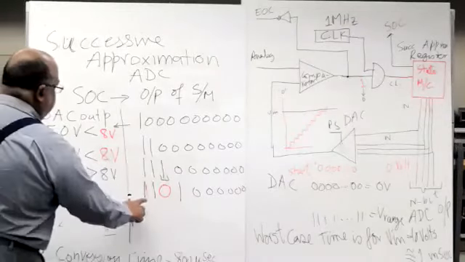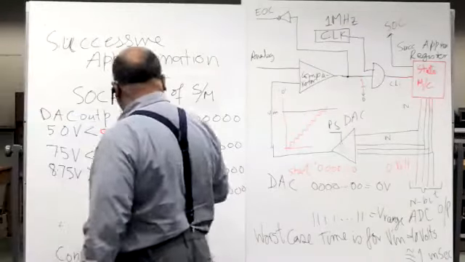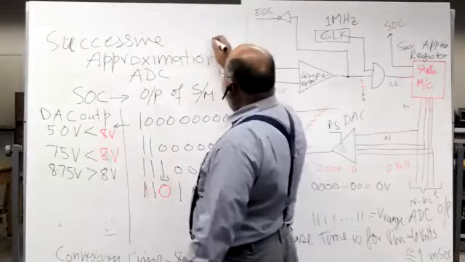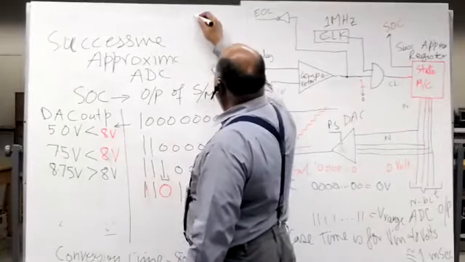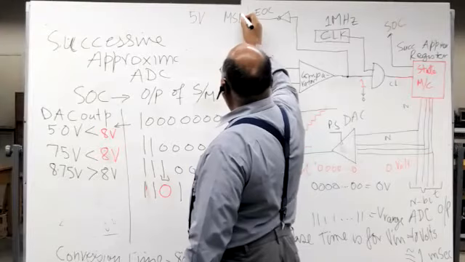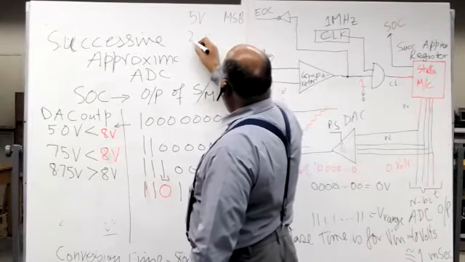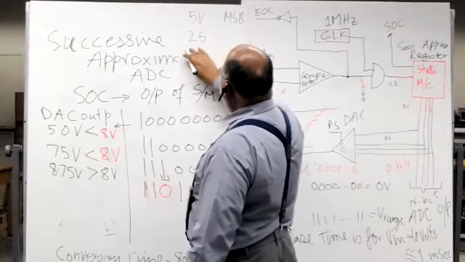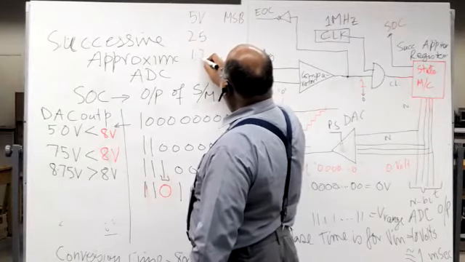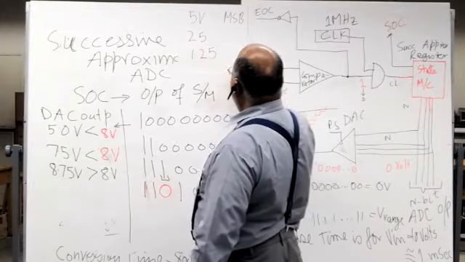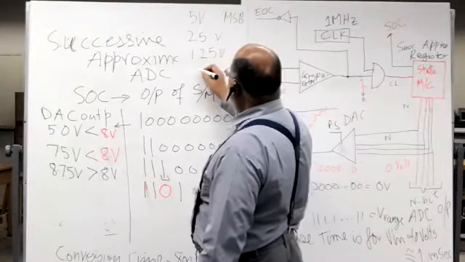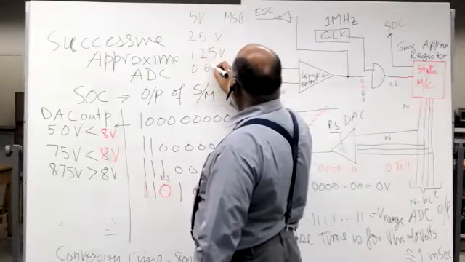The weightage of this is, let's write down the weightages here. The MSB is 5 volt. Next is 2.5 volt. Then next is 1.25 volt. Next is half of this, 0.625 volt.